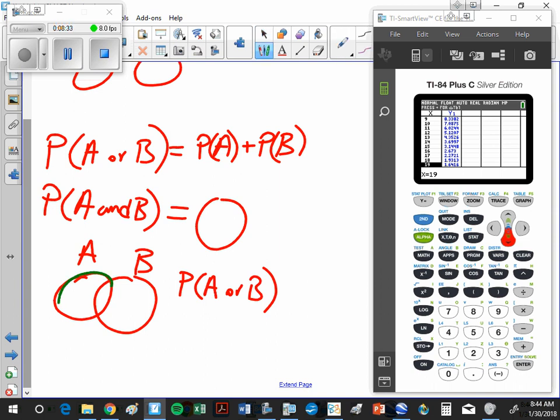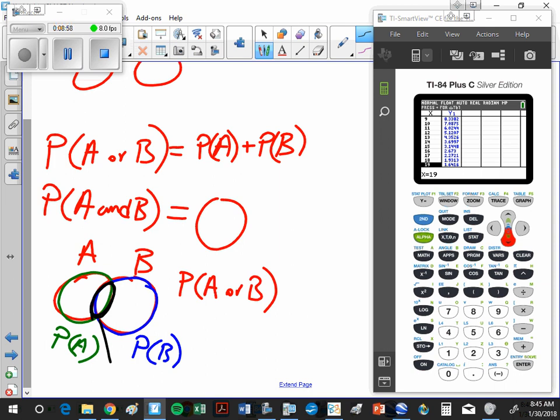This here is called the probability of A. Okay? This here is called the probability of B. What do we call this? What do we call it when two things touch?